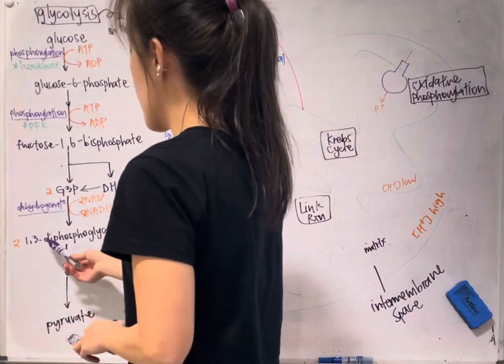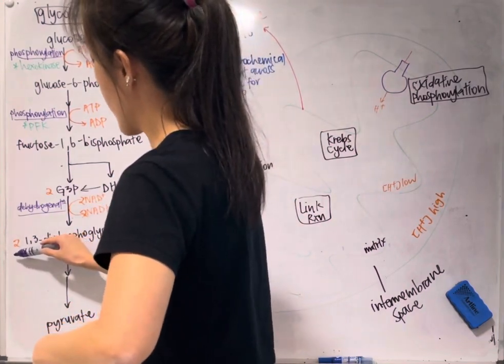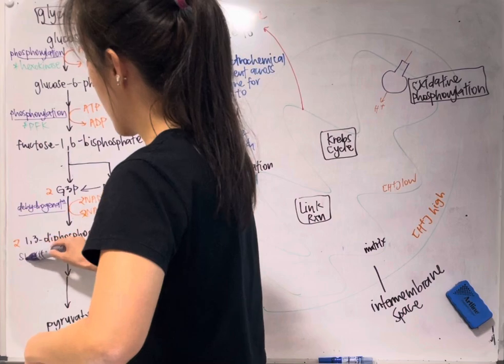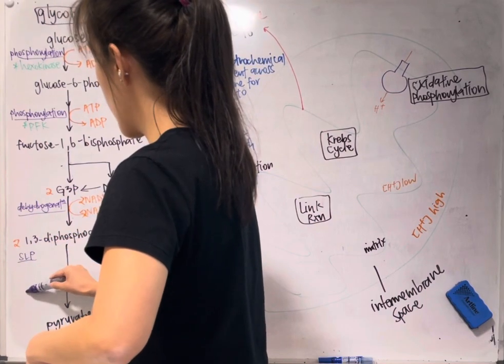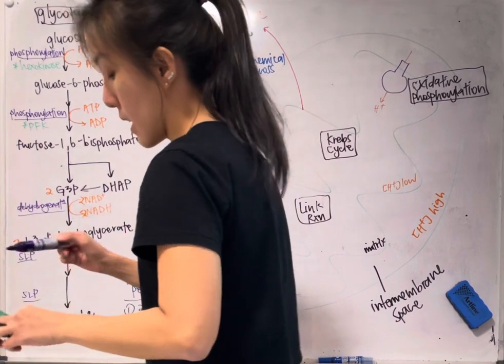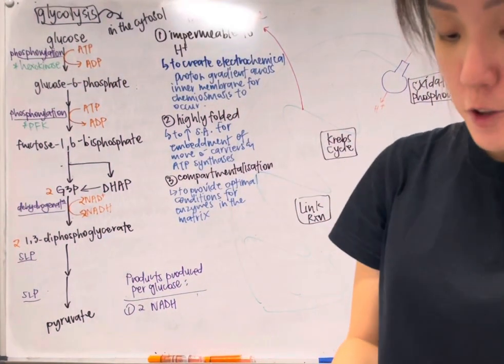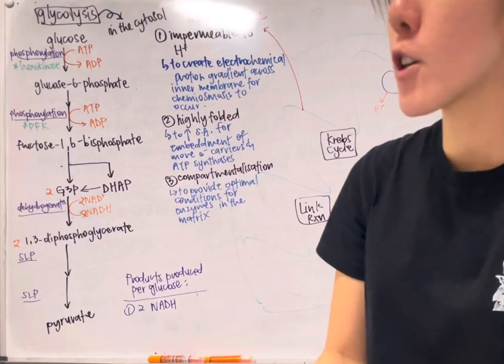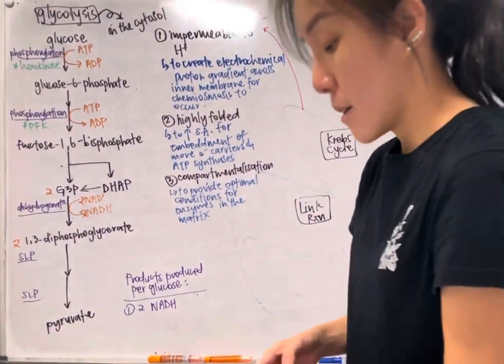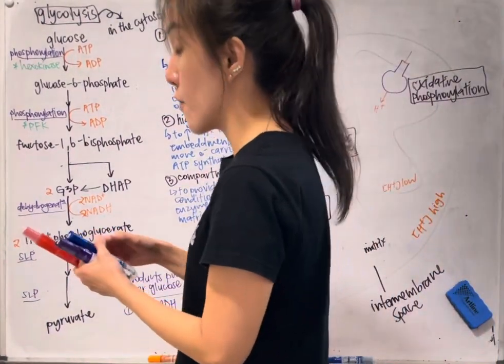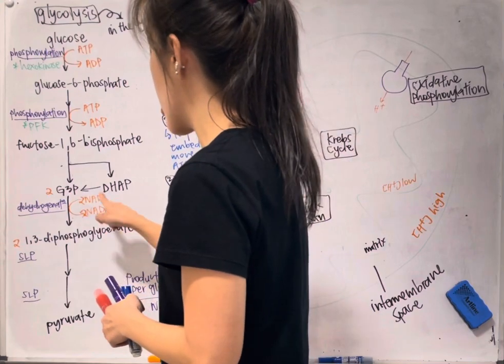Each of this 1,3-diphosphoglycerate will undergo 2 rounds of SLP. SLP stands for substrate level phosphorylation. Substrate level phosphorylation means you transfer the phosphate group from the substrate to ADP.